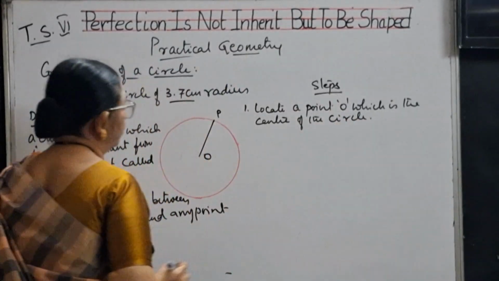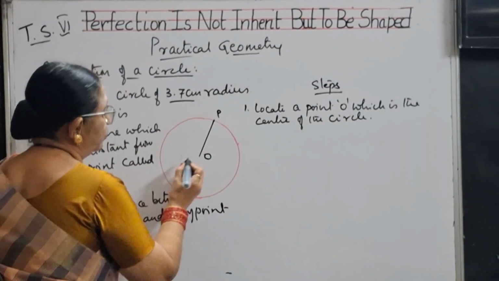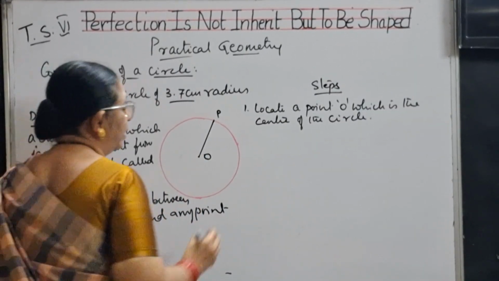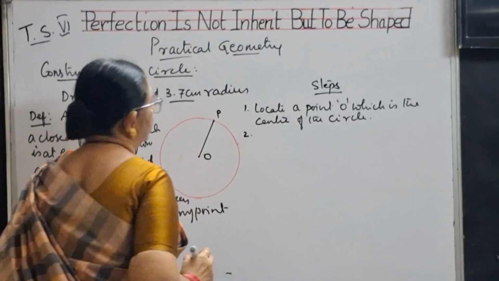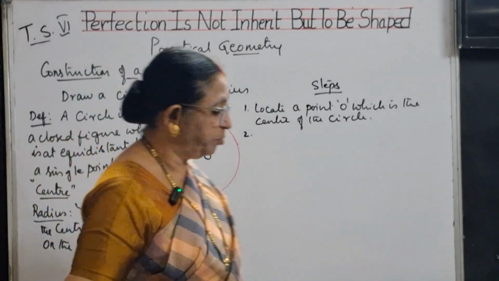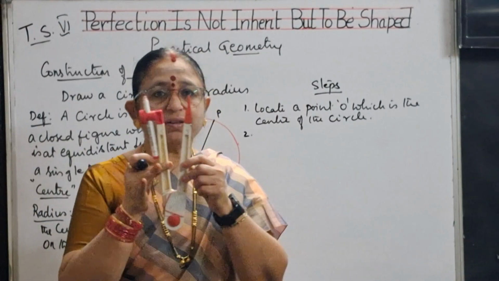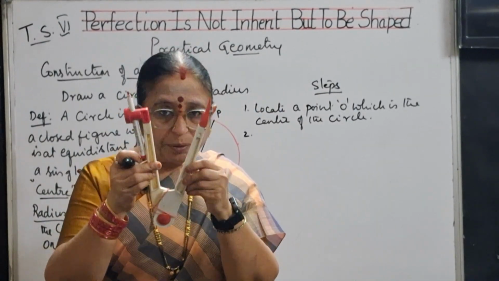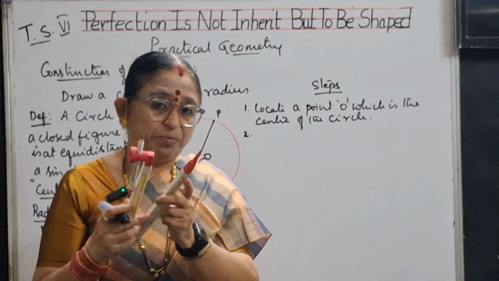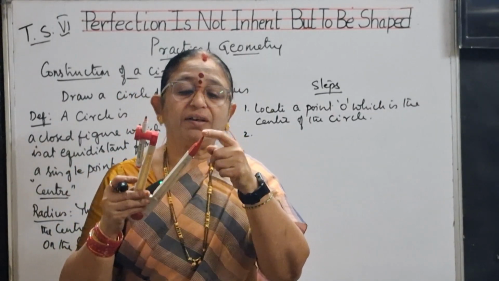So first you have to locate a point O. So this is the point which I have located, O. Then radius is 3.7. So radius is 3.7 means what you have to do, this is compass. You have to open it up to what? Up to 3.7 centimeters.